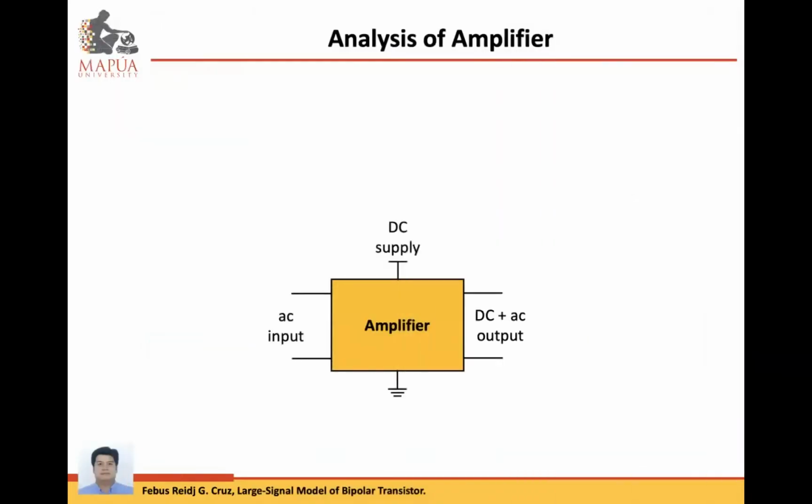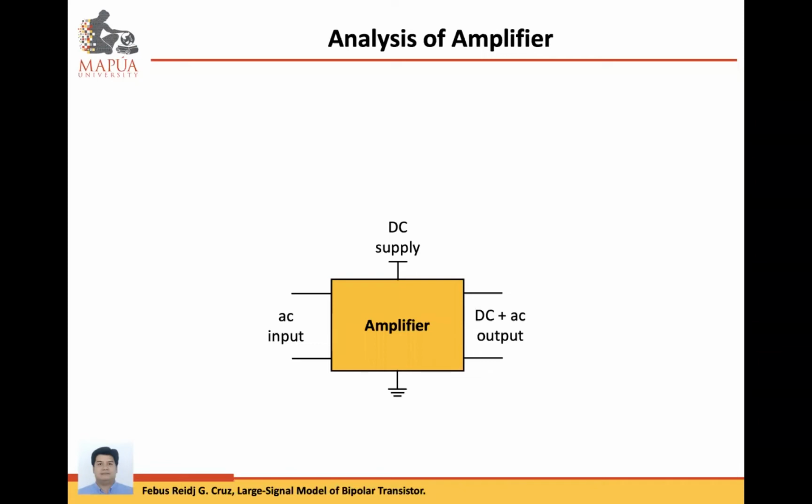Regarding the analysis of amplifiers, every amplifier circuit will have a DC supply. That's the first requirement. It needs a biasing circuit to properly turn on the device, the transistor. For amplifier applications, the bipolar transistor must operate in the active condition.